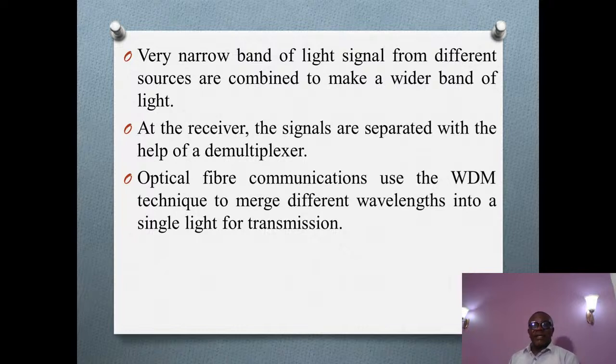At the receiver, the signals are separated with the help of the demultiplexer. Optical fiber communications use this wavelength division multiplexing technique to merge different wavelengths into a single light for transmission. If you recall your basic physics, when you use a prism to direct light, that is exactly what happens here.